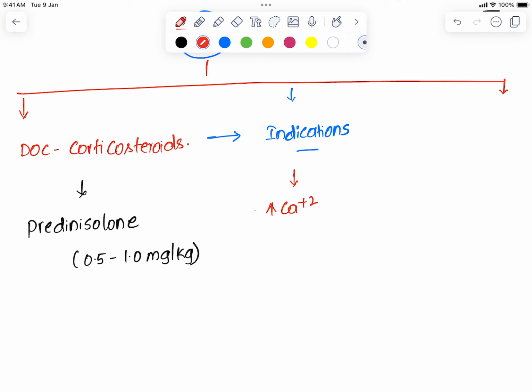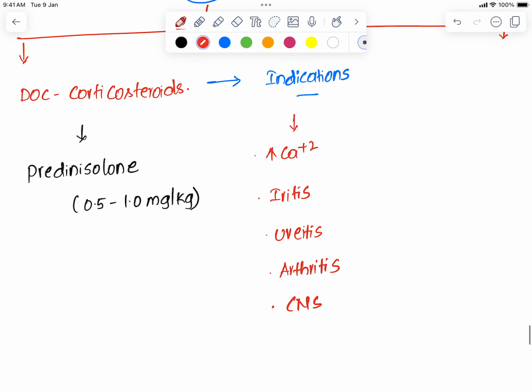Number 2, the development of iritis. Then uveitis. Then arthritis. Next, involvement of the CNS, central nervous system, in the form of lymphocytic meningitis.